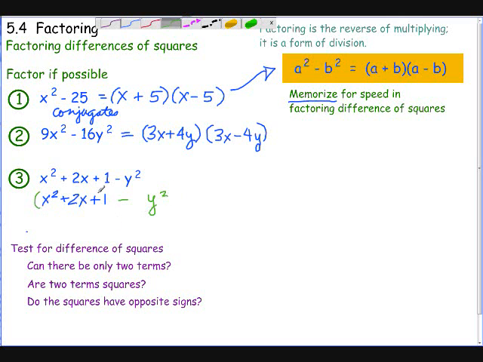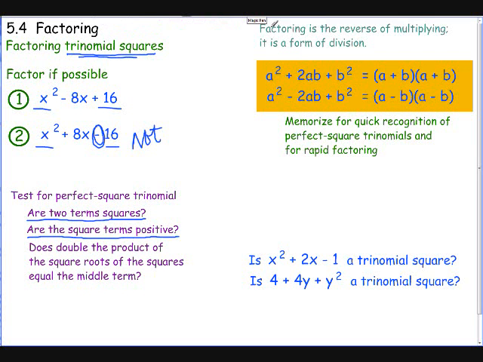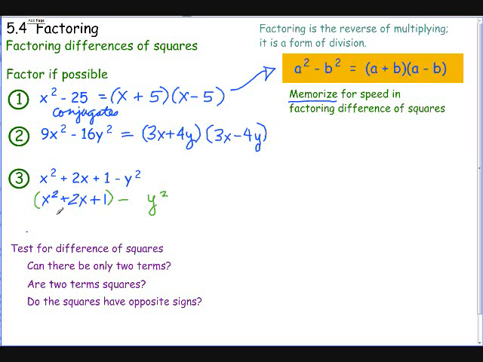And I'm going to look at this as my first term. Do you notice anything about this? Does it resemble this in any way? Pretty tricky, isn't it? If you multiply x plus 1 times x plus 1, you get this perfect square trinomial.